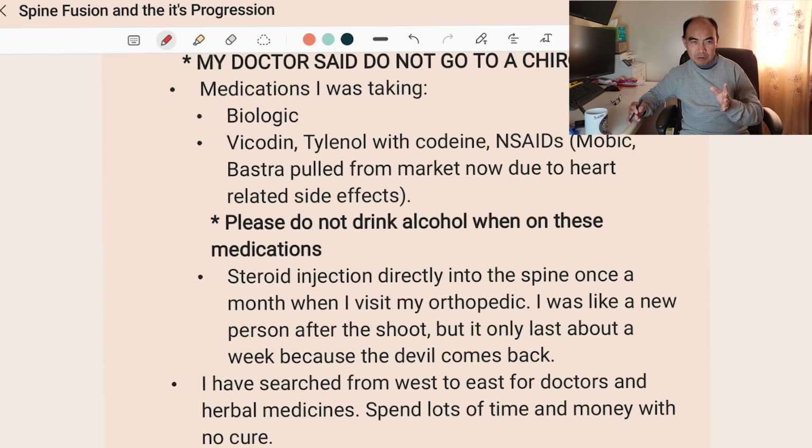If you are taking these pain medications, or medications for your ankylosing spondylitis or arthritis, try to stay away from alcohol. It does not mix. There's a lot of problems with people who take these, and some severe or major issues can happen. So please be careful with that.